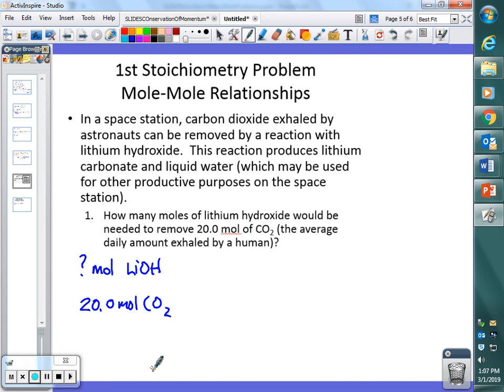All right. So here they're giving us a description of a chemical reaction that will result in carbon dioxide being removed. What are the reactants of this reaction that they're describing in the paragraph up at the top of the screen?